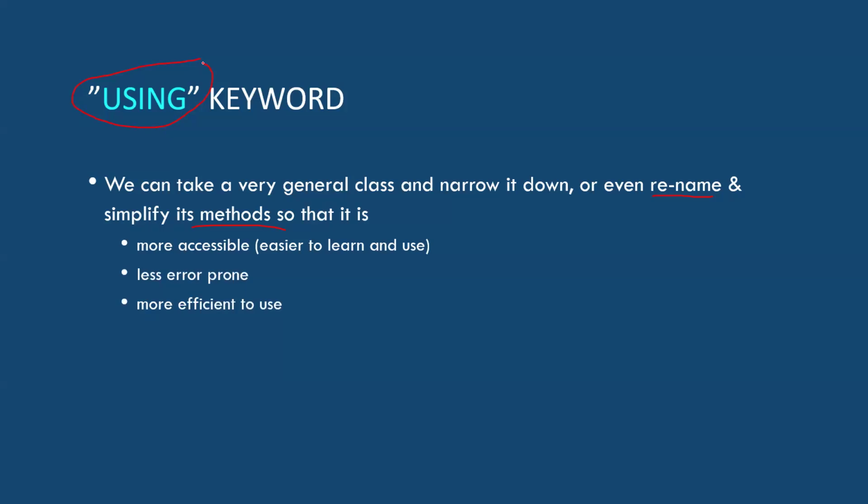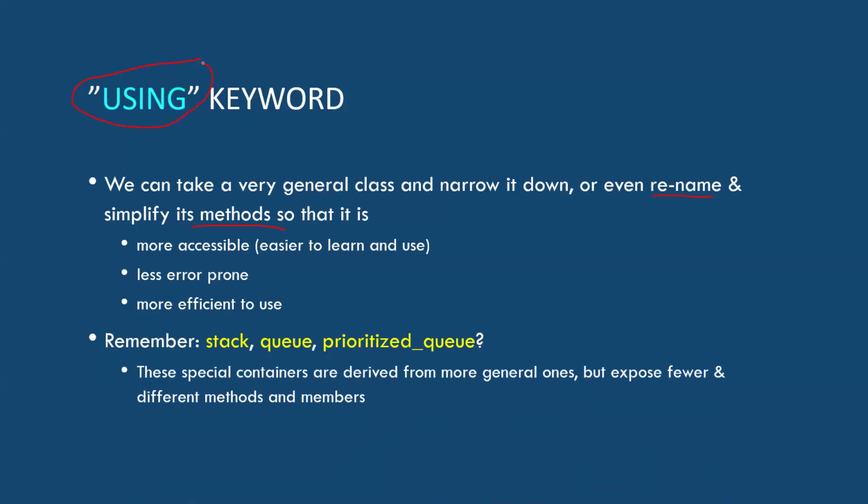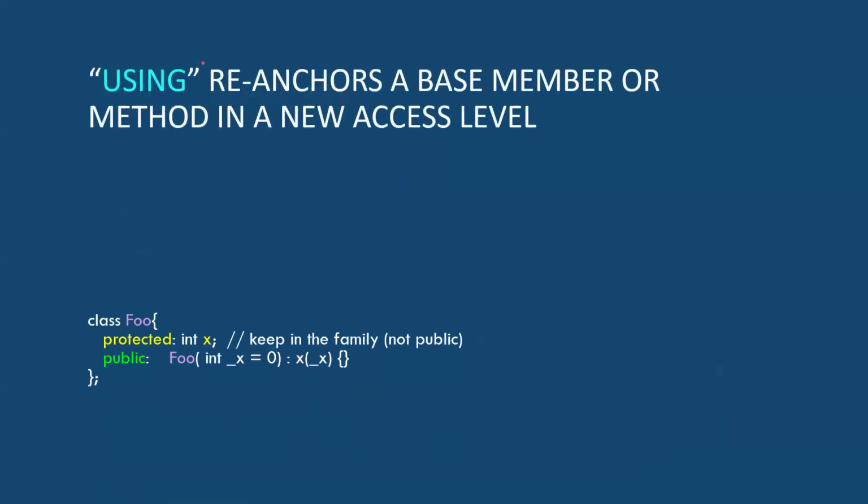It just allows us to reuse existing code where maybe we want to expose it under a new name, change the way people think about interfacing with the class, but they're really using an underlying method that has more arguments, extra things they could work with, but we want to simplify it, okay? So those are those containers we kind of looked at, and they really are called adapters because they are just based on other containers, and the using keyword allows us to kind of masquerade as something else, okay?